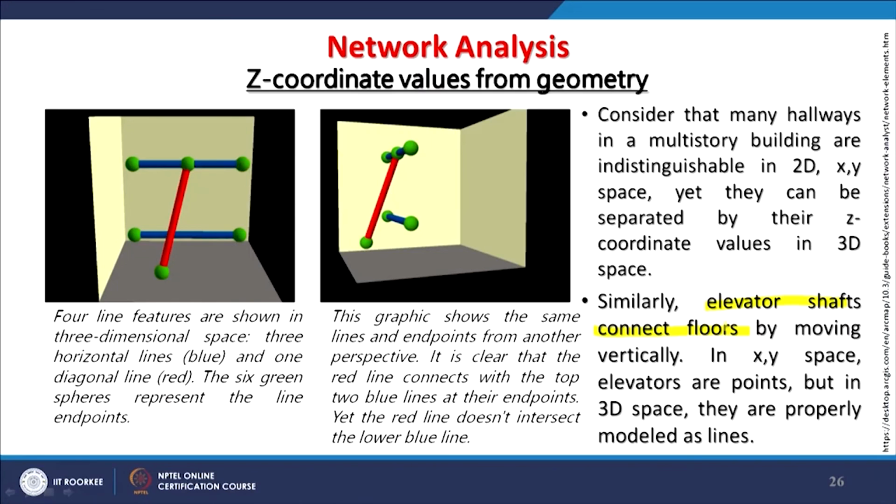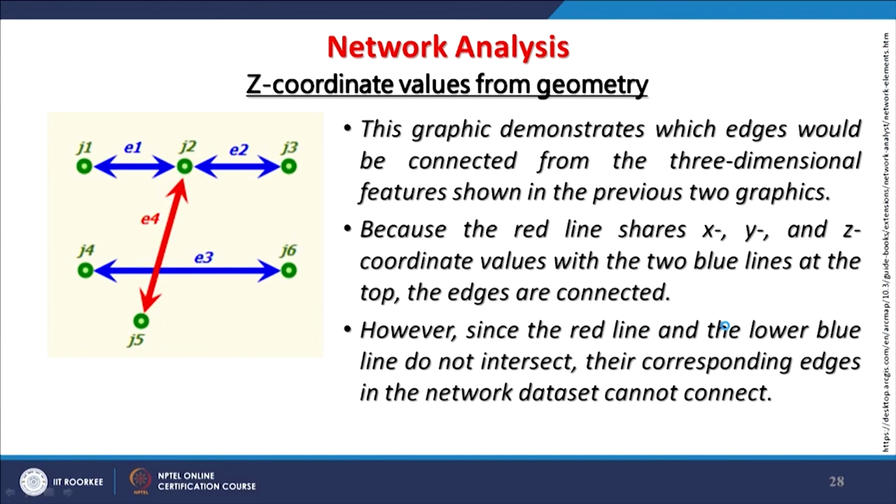There also connectivity has to be established with the escalators, lifts and pathways. There it will be very much required to bring in the elevator shafts that connect floors. Everything has to be stored in a system, all detailed information, and if that is done, then we can have the z coordinate values in our geometry.